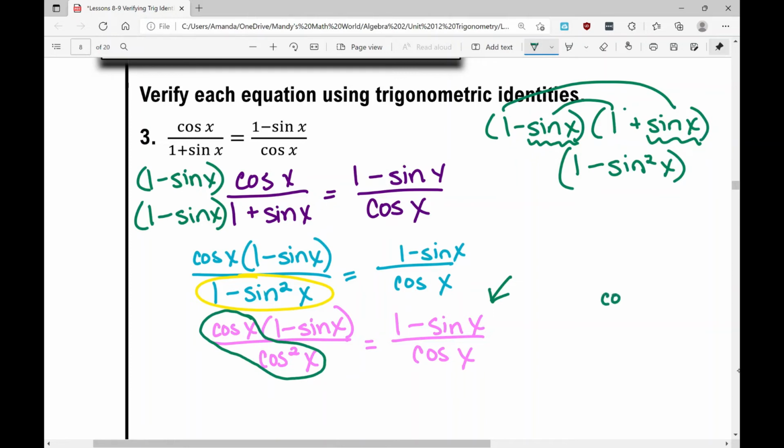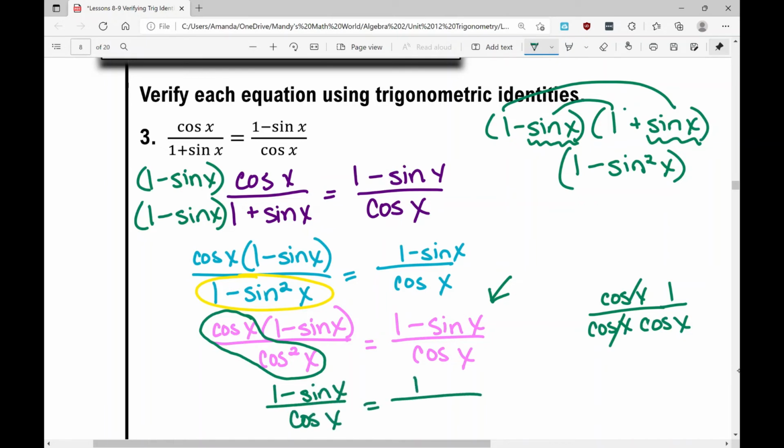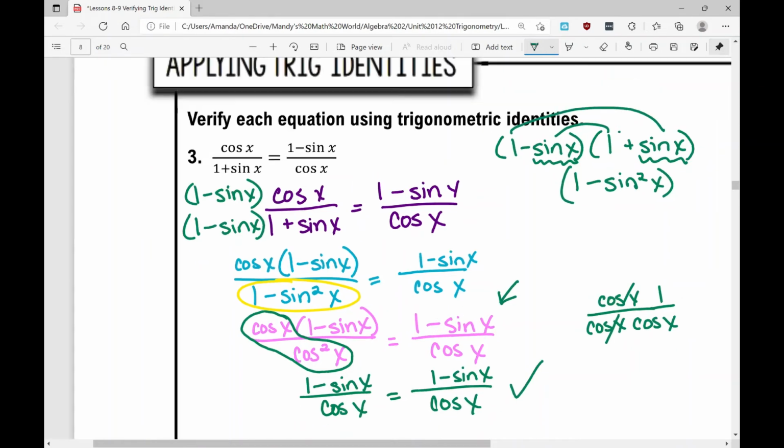Remember, that's like cosine x over cosine x times cosine x. These can be eliminated, and I'm left with 1 over cosine x, which is just 1 minus sine x over cosine x equals 1 minus sine x over cosine x. Boom shakalaka. And we just proved it.